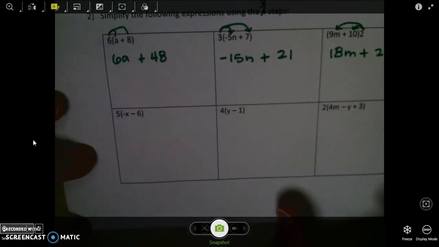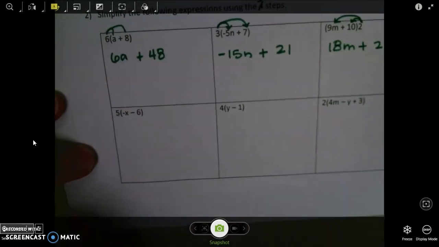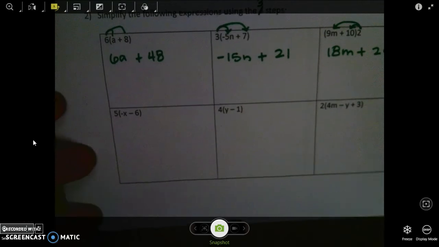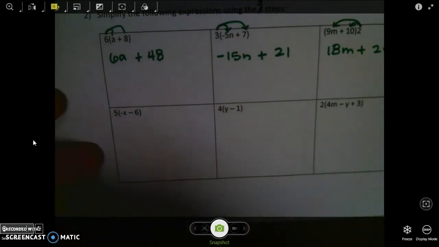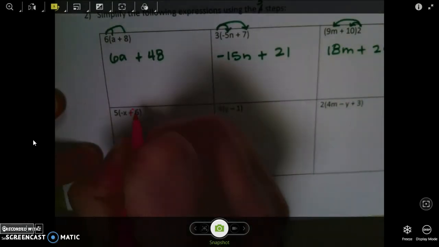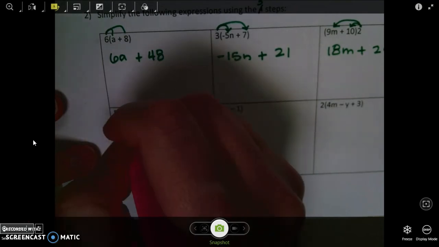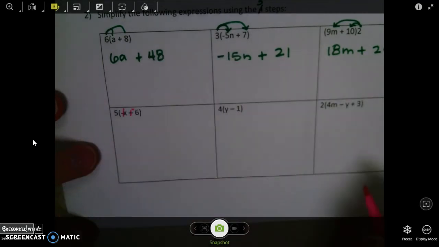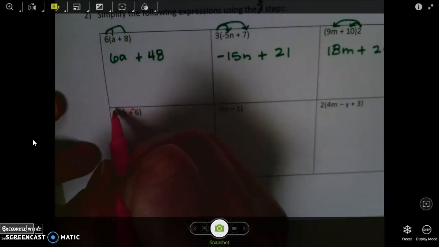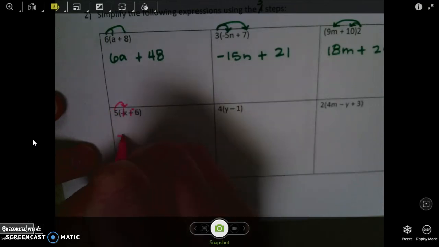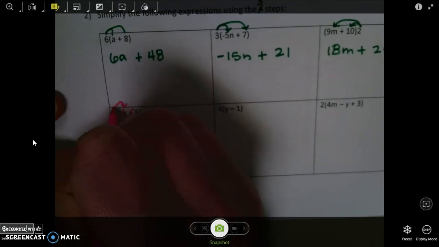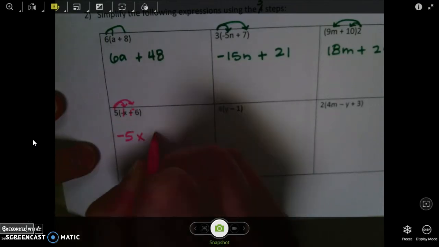Next one, I see a minus sign, so I'm going to go ahead and change that to plus negative 6. And then here's a negative x. There's no number in front of that x. If it helps you to write a 1 there, then go ahead and do that. So now I have 5 times negative 1x, which is negative 5x. And 5 times negative 6 is negative 30.